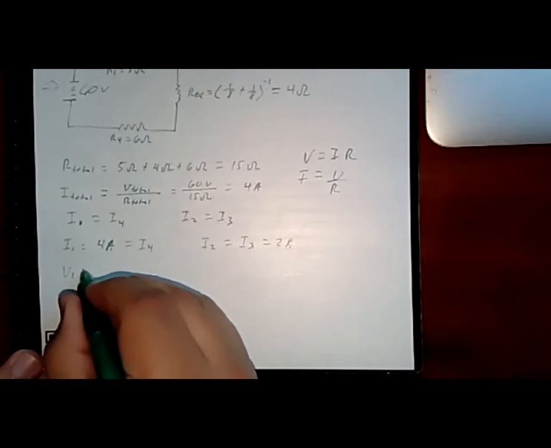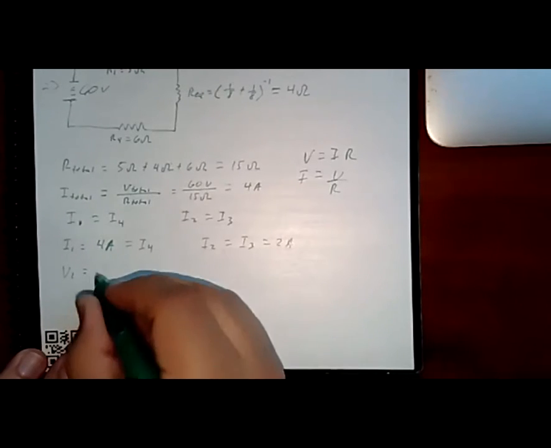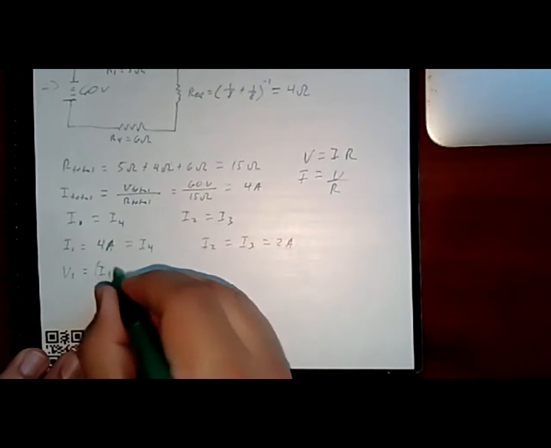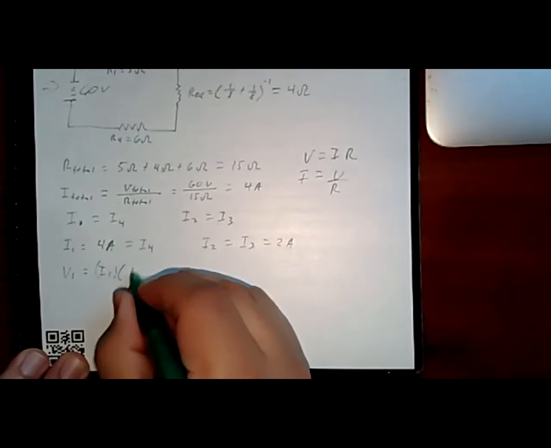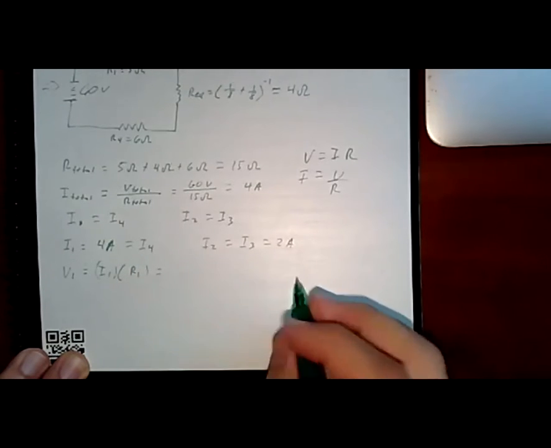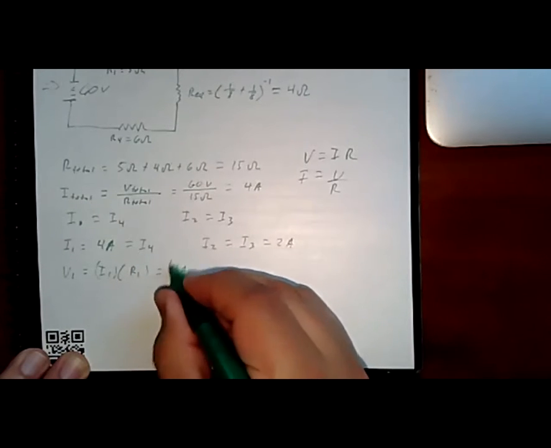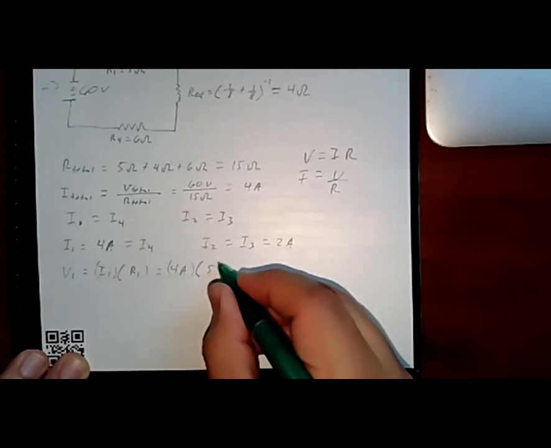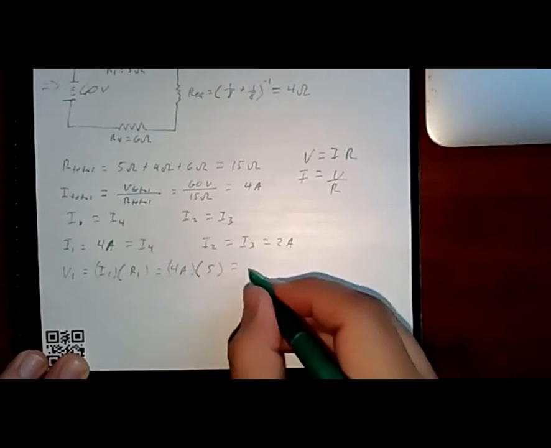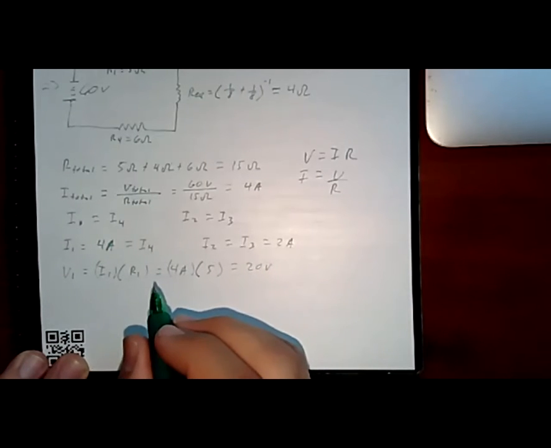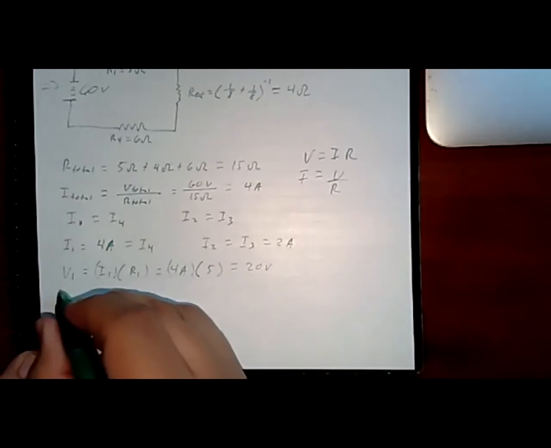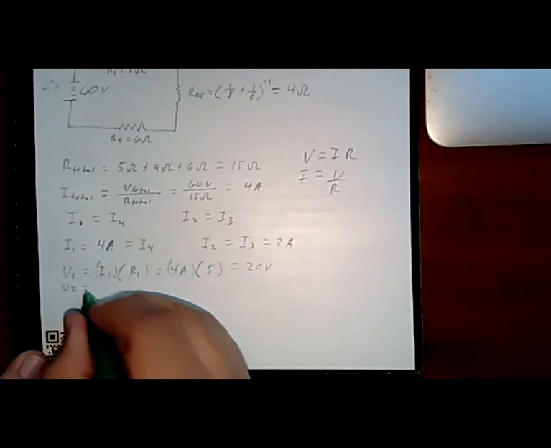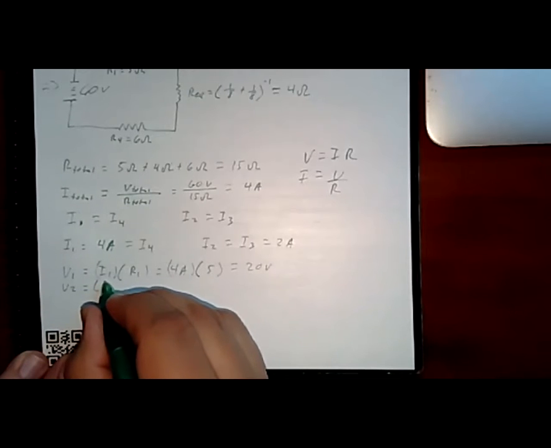Voltage 1 will be equal to current 1 times resistance 1, which is 4 amps times resistance, which is going to be 5, which gives us our 20 volts. Voltage 2 would be the same.